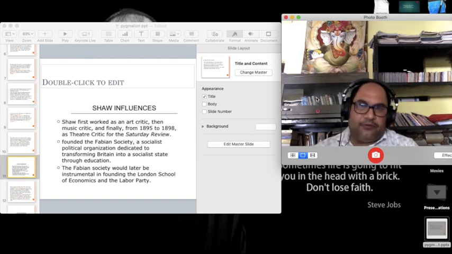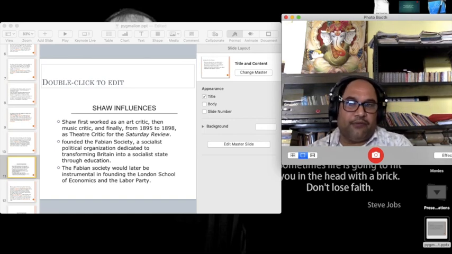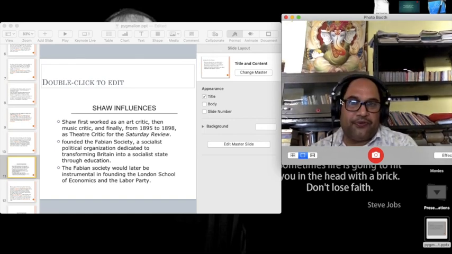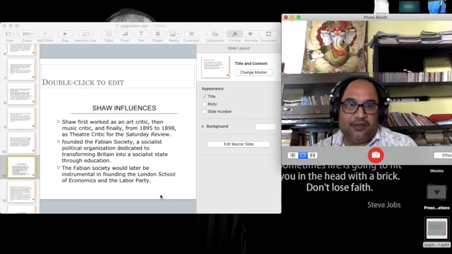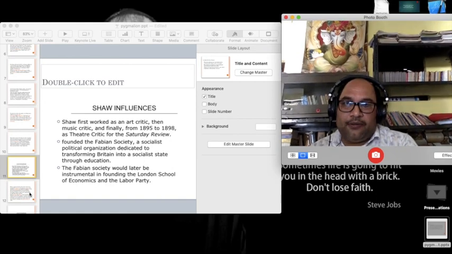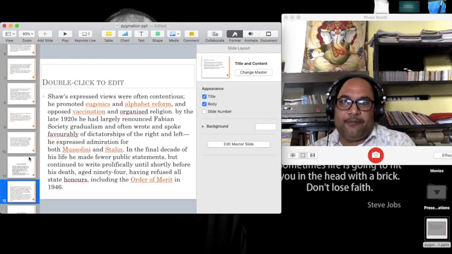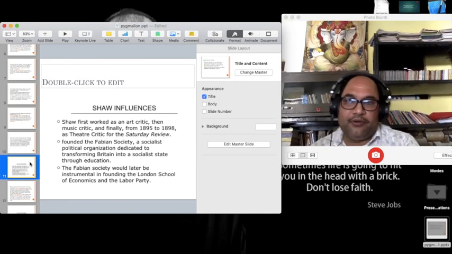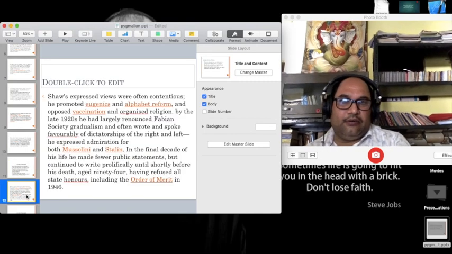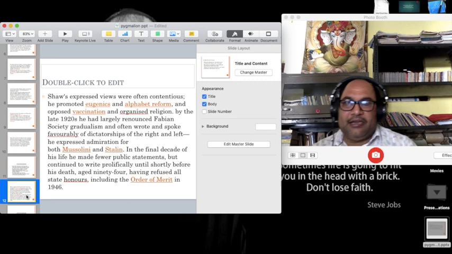The Fabian Society would later be instrumental in founding the London School of Economics and the Labour Party. So we have the influence of Shaw in the various fields.